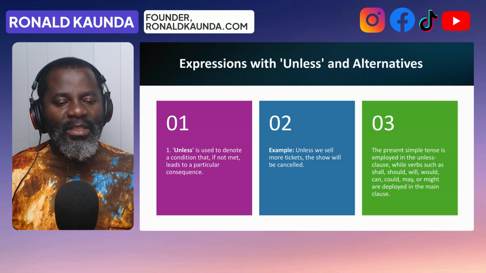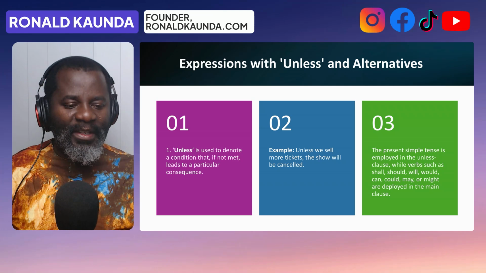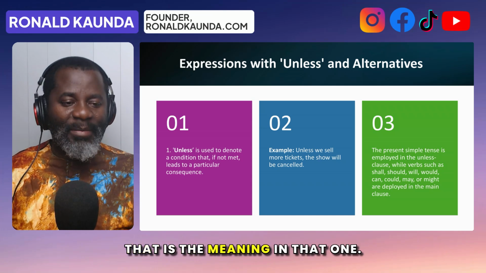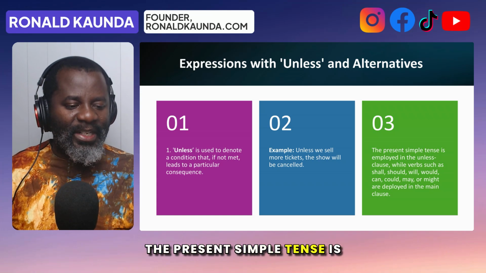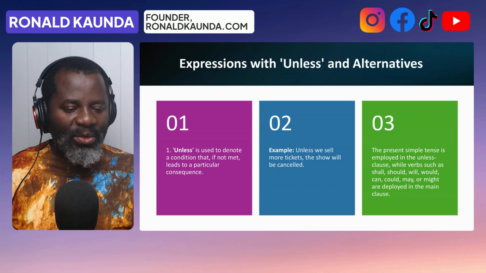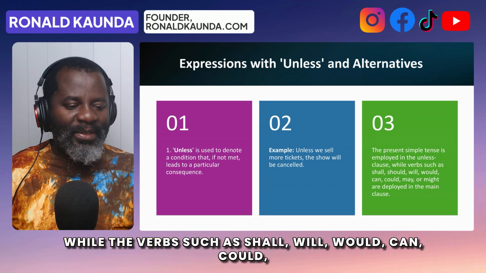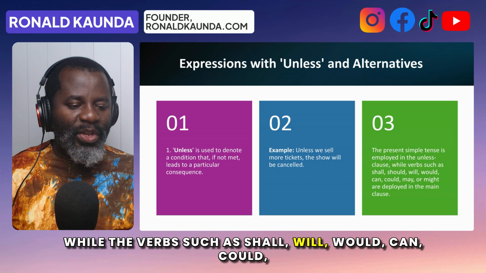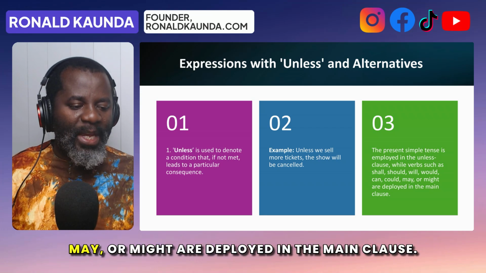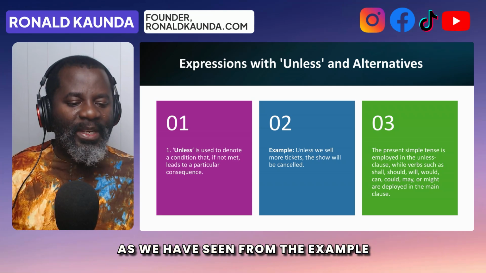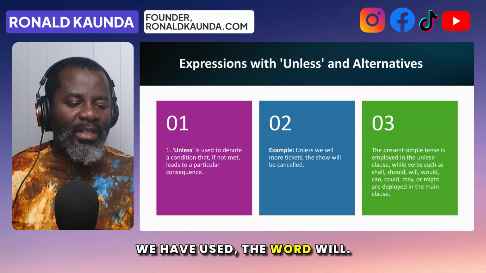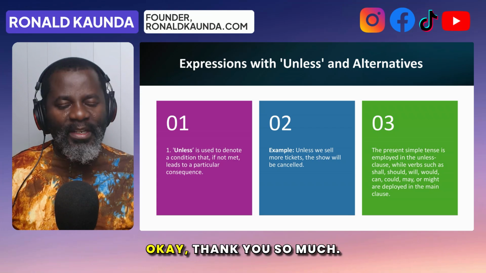This means that if we do not sell more tickets, that is the meaning. Let's look at the explanation. The present simple tense is employed in the unless clause, while verbs such as shall, should, will, would, can, could, may, or might are deployed in the main clause, as we have seen from the example. We have used the word will.